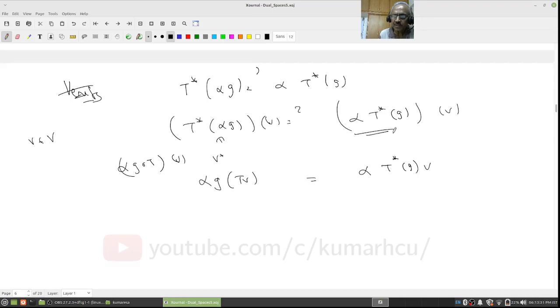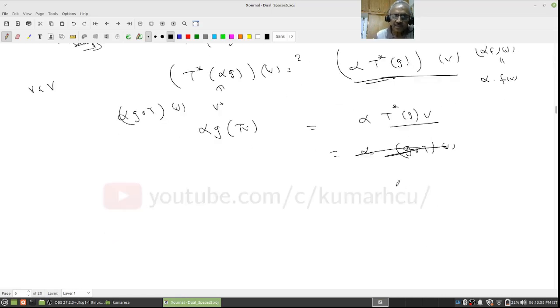Okay, alpha T star, how do I define it? If F is in V star, alpha F is by definition such that alpha F of V is alpha times F of V. That's what I am doing. Alpha times T star of G of V. Do you understand this? But this T star of G of V is nothing else than G composite T of V. Now come back. T star of alpha G of V is alpha G of TV.